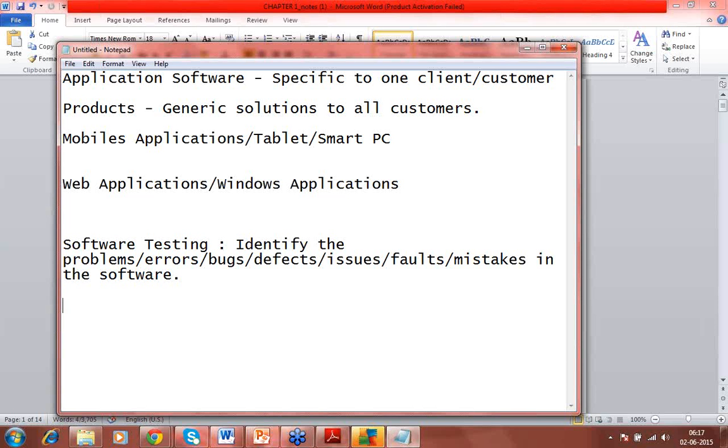For example, let's say you are using some application software, or a mobile application or a tablet or a smart PC application. For example, it could be something related to an internet banking application. I don't want to name any bank, but just think like this. You are using some internet banking application and you are trying to transfer some X amount of money, could be in dollars, INR, whatever the currency is, from your account to one of your friend's accounts, and for that you are using an online banking application or a mobile application.